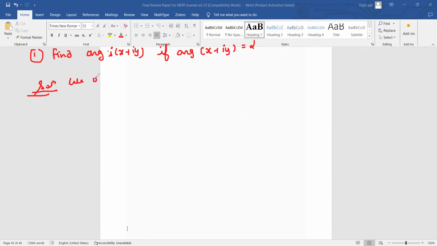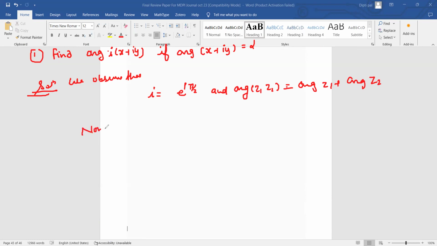We observe that i can be written as e to the power i pi by 2, and argument of Z1 into Z2 will be argument of Z1 plus argument of Z2. So just apply this rule.